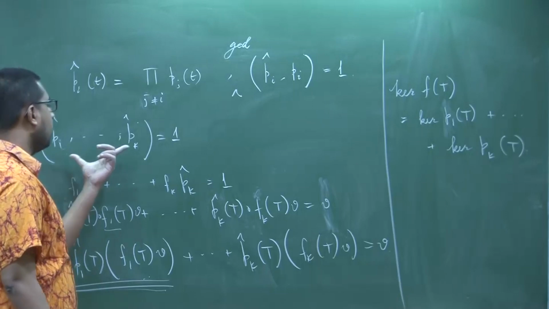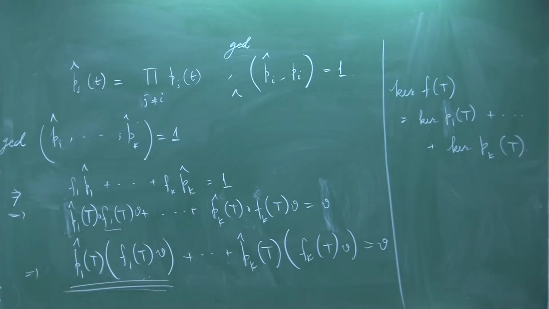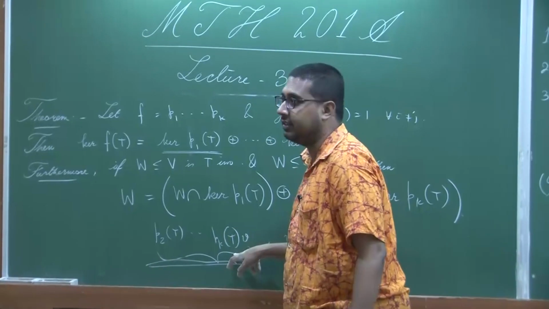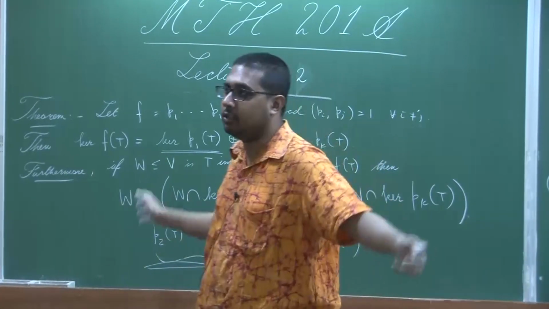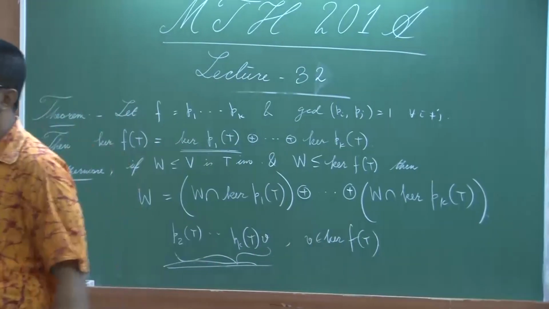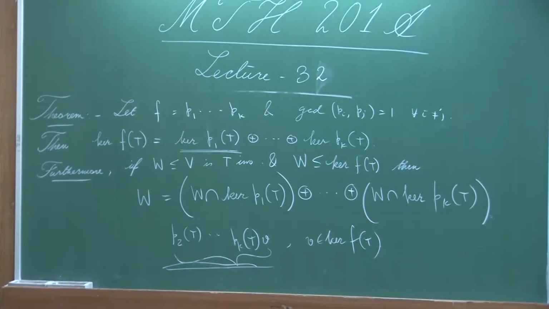What motivates us to look for this is that, given any vector V, this kind of thing always lies in the kernel of P1. For different i, I can form different such vectors, and since their GCD is 1, I will have a combination of them to be the identity, and that observation tells me how to go ahead.